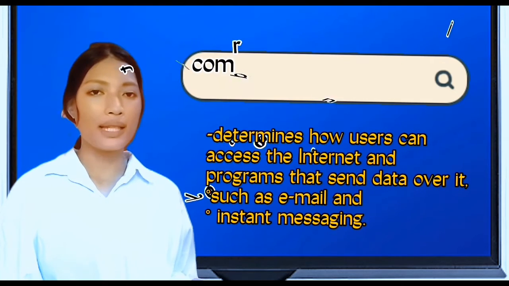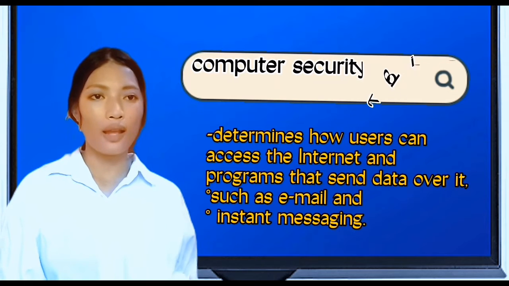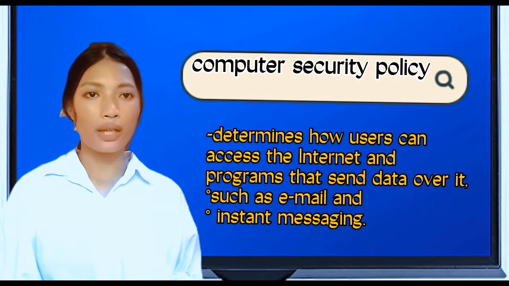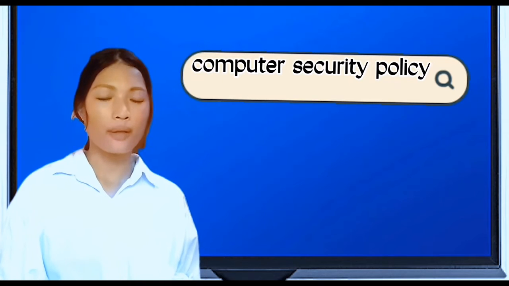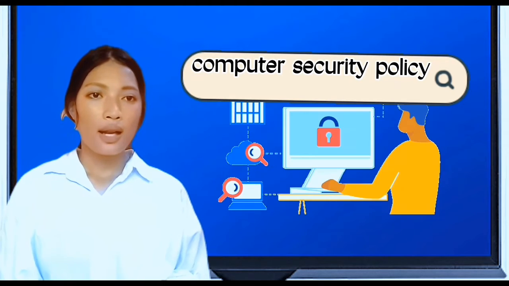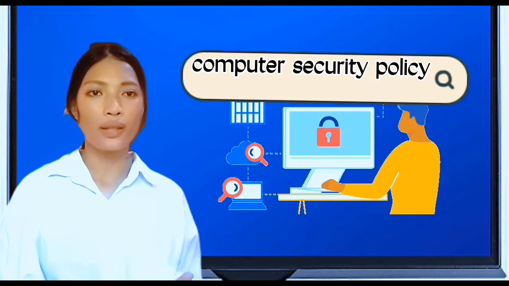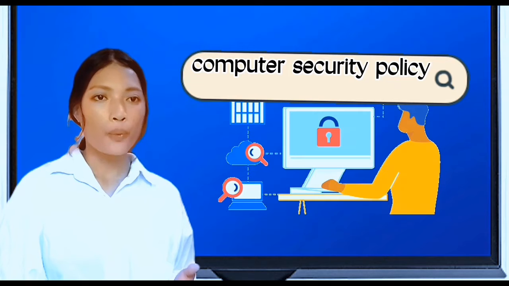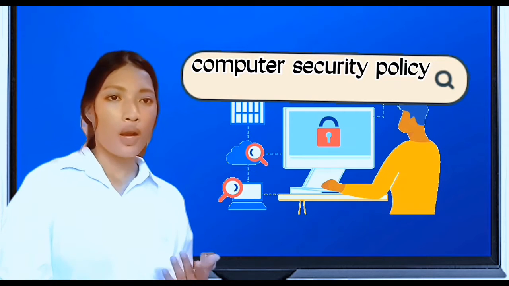Computer security policy determines how users can access the internet and programs that send data over it, such as email and instant messaging. It is fairly common for a computer security policy to grant access and usage of some of these programs to certain users while restricting others.